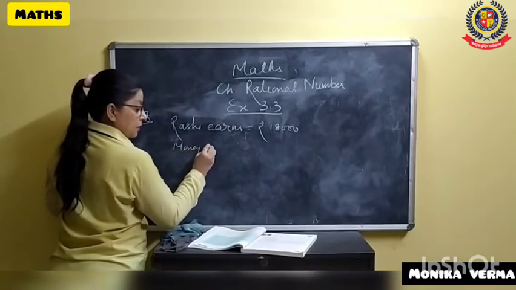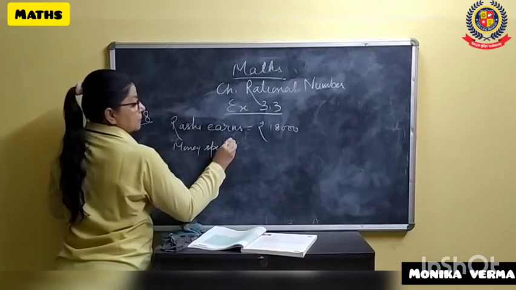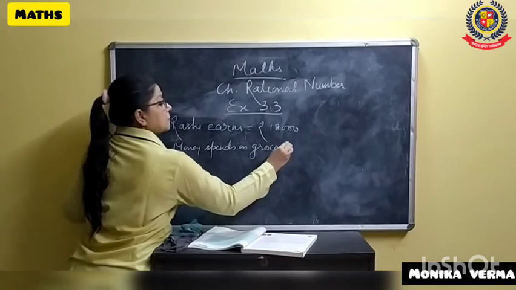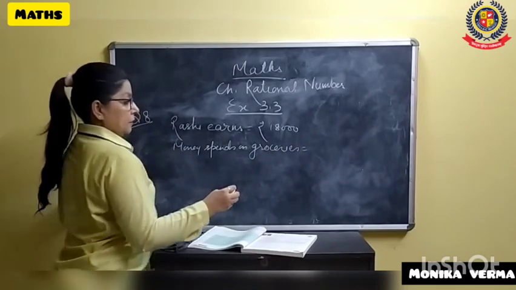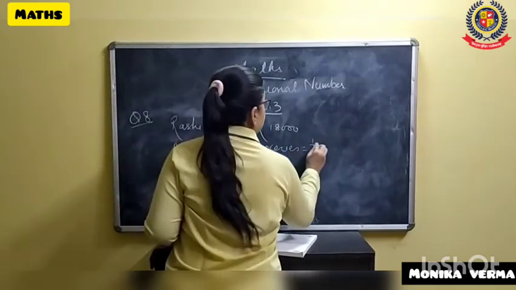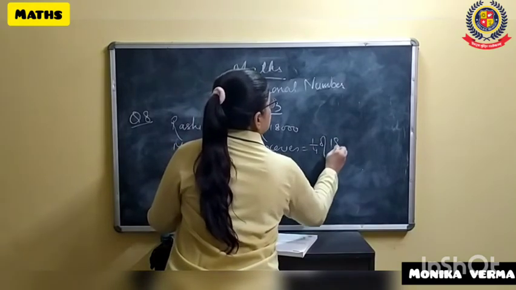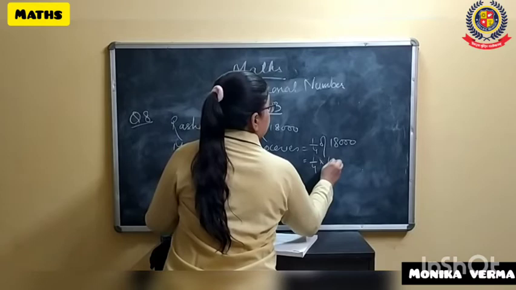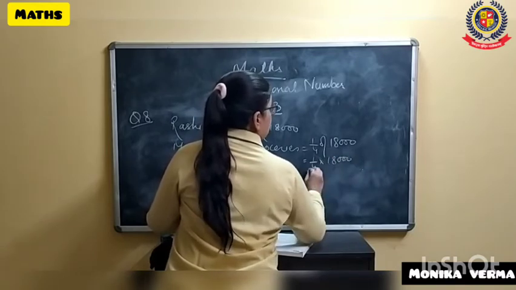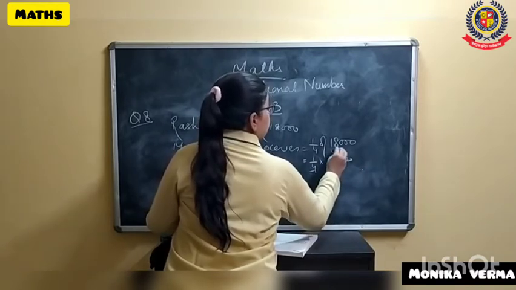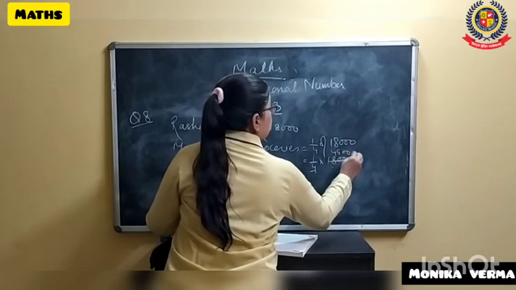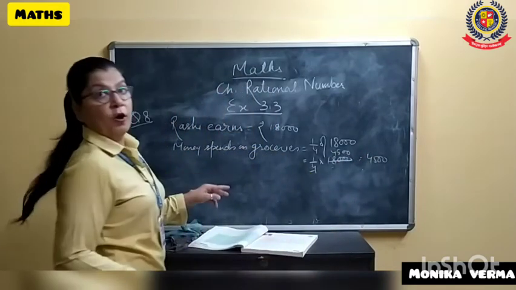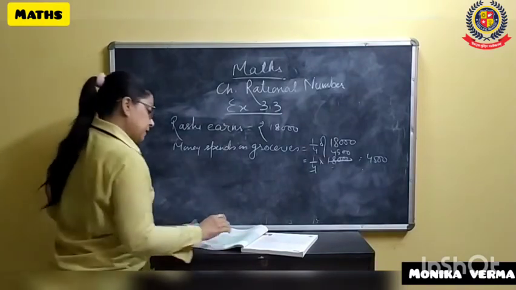Money spent on groceries. 1 by 4 of 18,000 means 1 by 4 multiplied by 18,000. 4 4s are 16, 4 5s are 20, 4,500. Of means multiply.